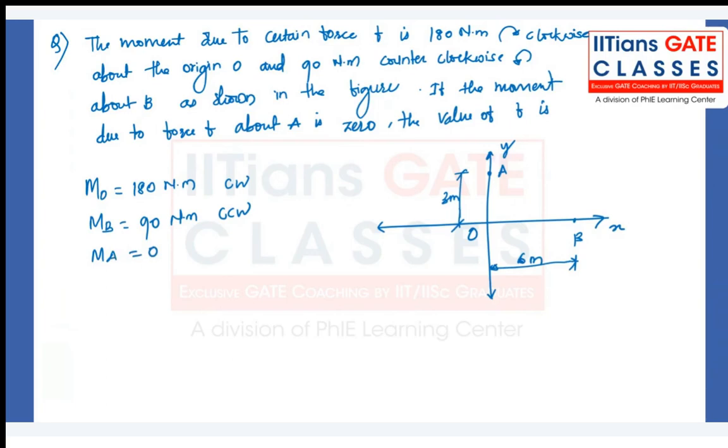Can you tell me what is the significance of this last input? Moment about A is 0. Yes, Abhishek, correct. Distance will be 0. So in short, the force is passing through point A, right? If the force F is passing through point A, then only the moment because of force about A is 0. Do you agree?